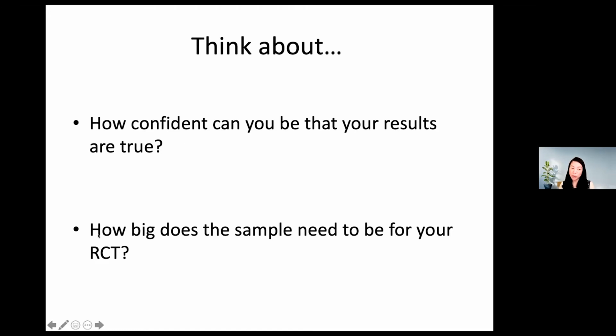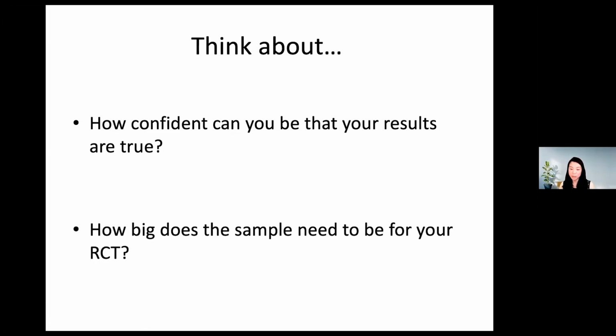And also a related question is, how big of a sample do we need for our RCT? Of course, the larger the sample size, the better, but that means the project will be more costly. So with limited research budget, we want to find the right sample size to run our experiment to make it more cost effective.